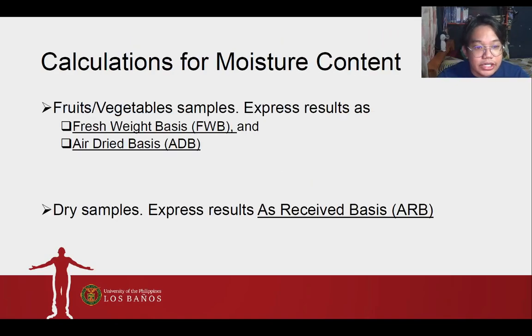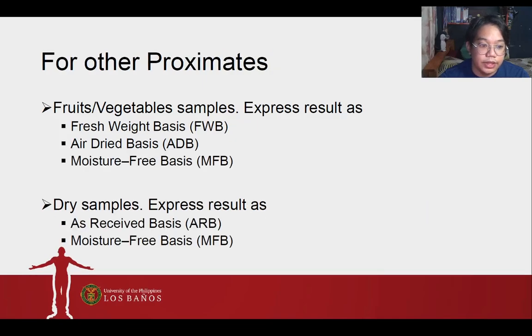So, for the calculations of moisture content, again, kapag ang napunta sa inyong sample ay fruits or vegetables, dapat this should be expressed as fresh weight basis. So, meron kang moisture content na fresh weight basis and meron kang moisture content na air-dried basis. For dry samples naman, ang kailangan niyo lang i-express ay as received basis or ARB. Okay?